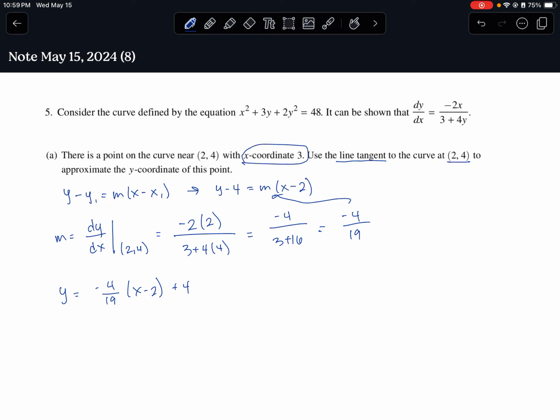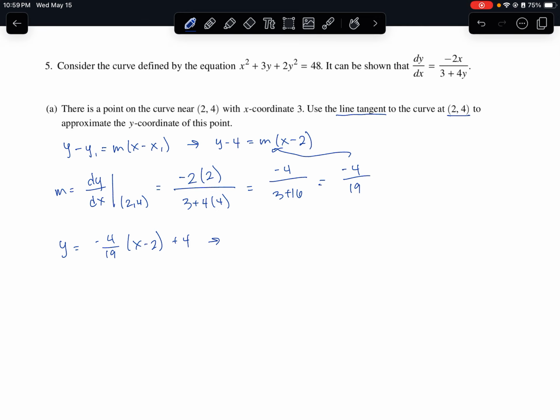So I'm going to approximate y by plugging in x equals 3. If I plug in 3 here, I get 3 minus 2, which is just 1. So y is approximately equal to negative 4 over 19 plus 4. And that should be a good enough answer.